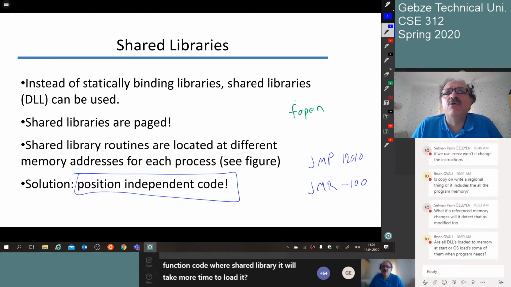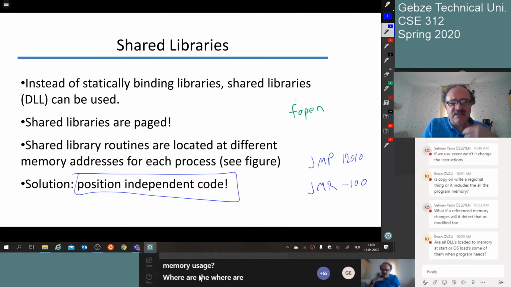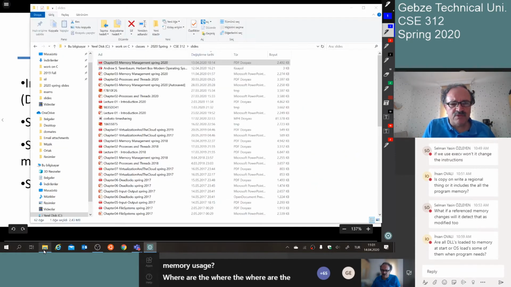If I had to keep all of the DLLs in my memory, it would be very expensive in terms of memory usage. Where are the DLLs on my Windows computer?